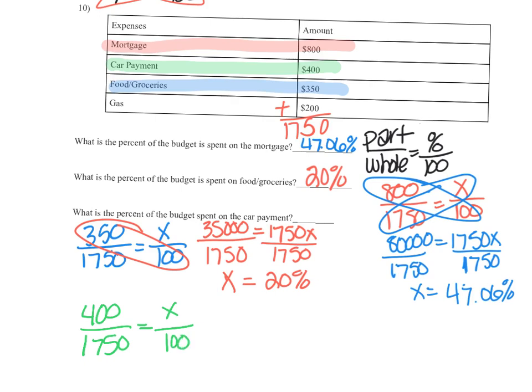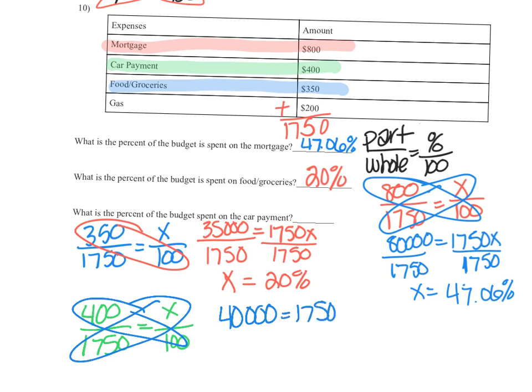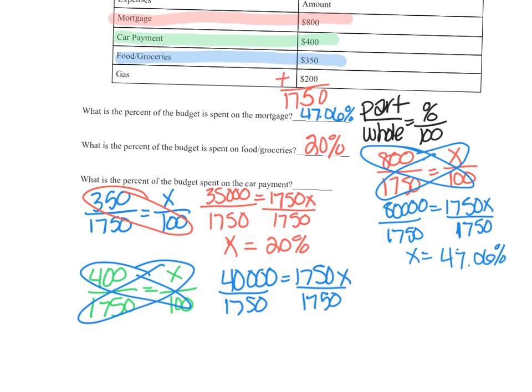So then when I cross multiply and divide, I'll get 40,000 equals 1,750x, and I'll divide both sides. So I'll get my x will equal 22.86%.